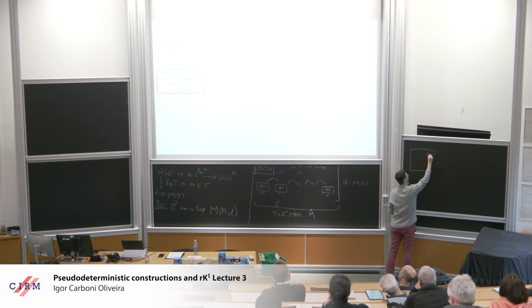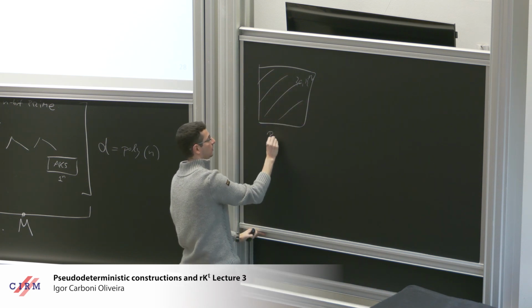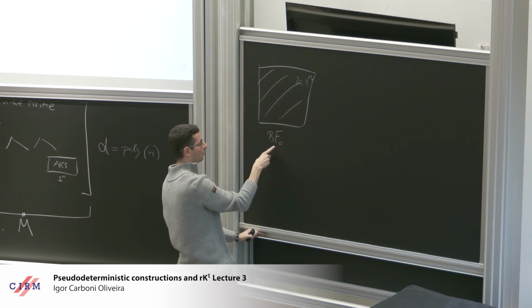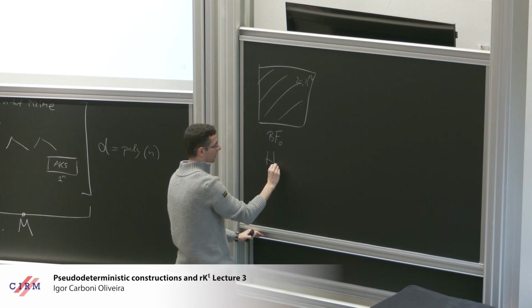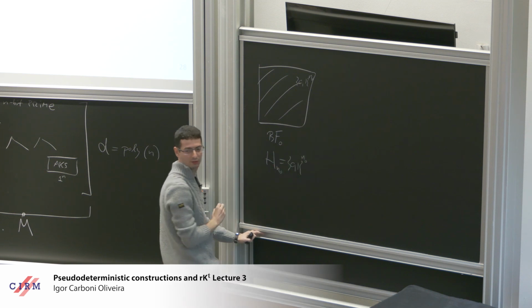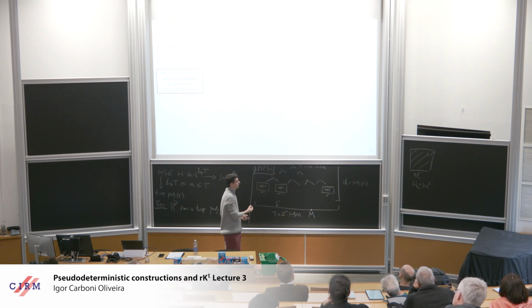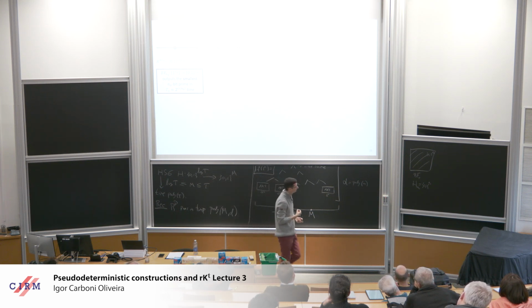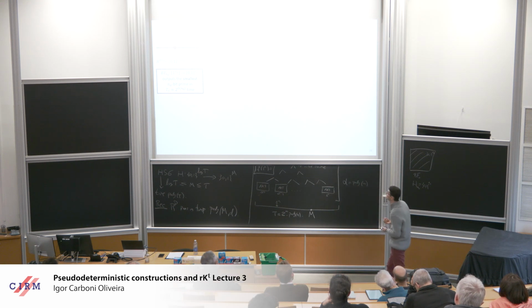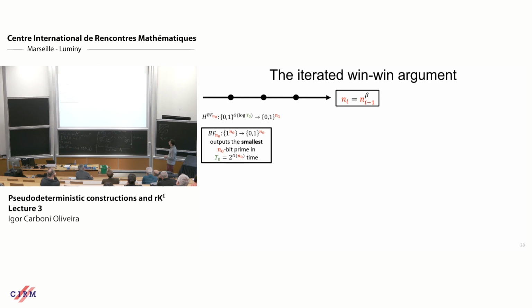That's the first input length, n0. We have a trivial hitting set: the hitting set H_n0 is just all strings of length n0. And we build this hitting set generator as we discussed before.